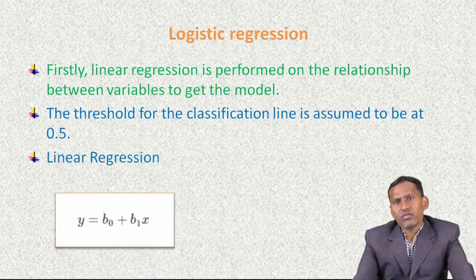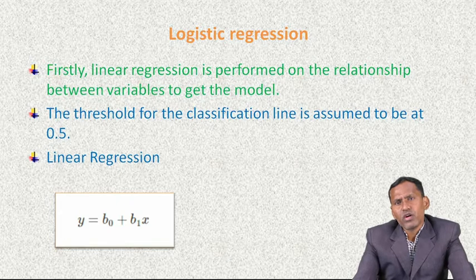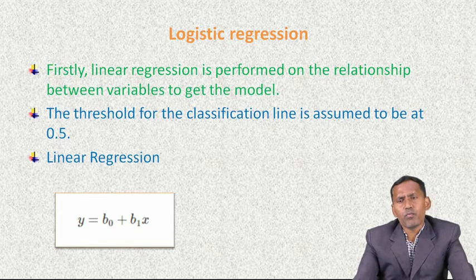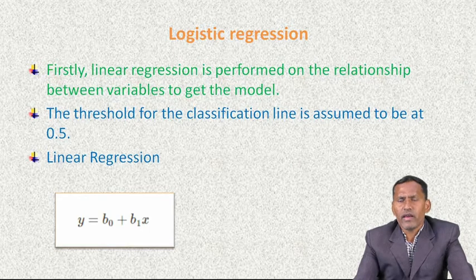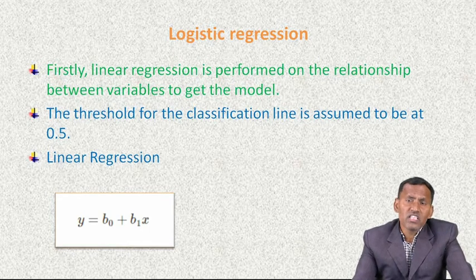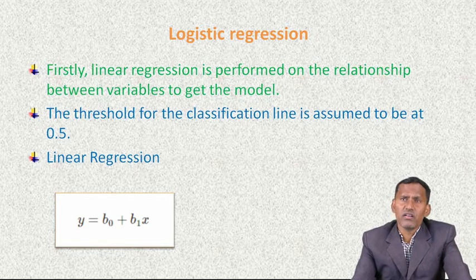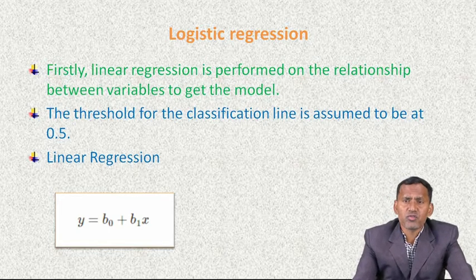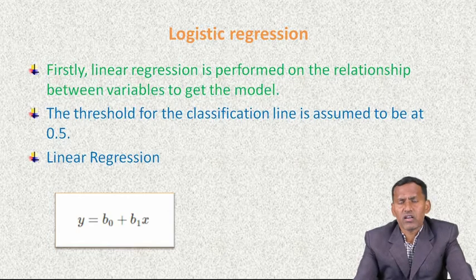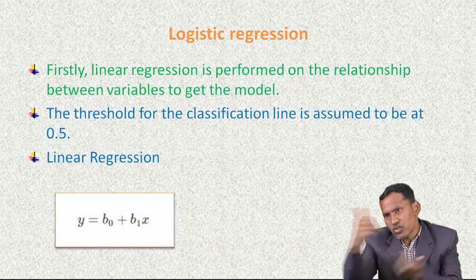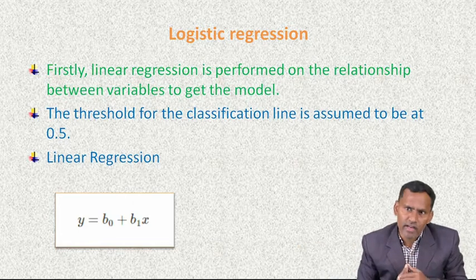So this formula belongs to linear regression: y is equal to b0 plus b1x. This output is continuous in nature, but according to logistic regression, the output must be a discrete or categorical value. So in order to get a discrete or categorical value, we have to convert that output into discrete values.